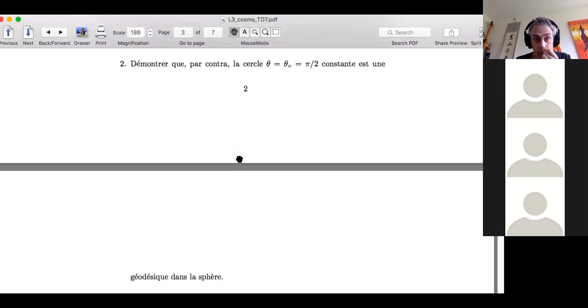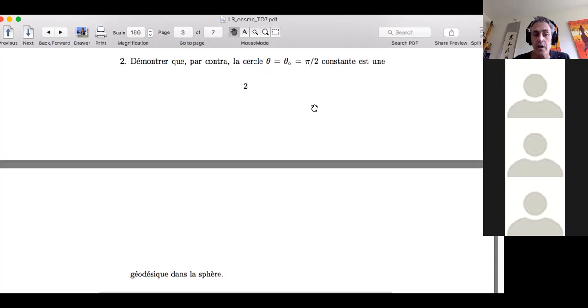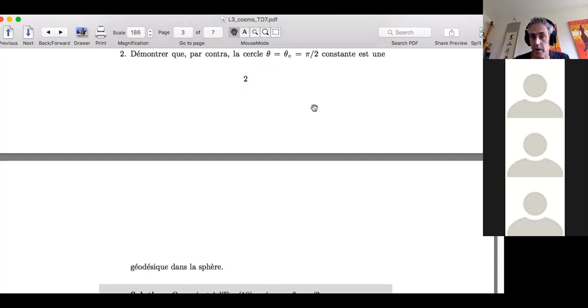Okay, with that in mind, have a go at this next one. Hopefully you've tried it already, but I want to give you a few minutes to think about it with this new information. Demonstrate that when you are at the equator, so when the polar angle is pi over 2, that it is a geodesic.